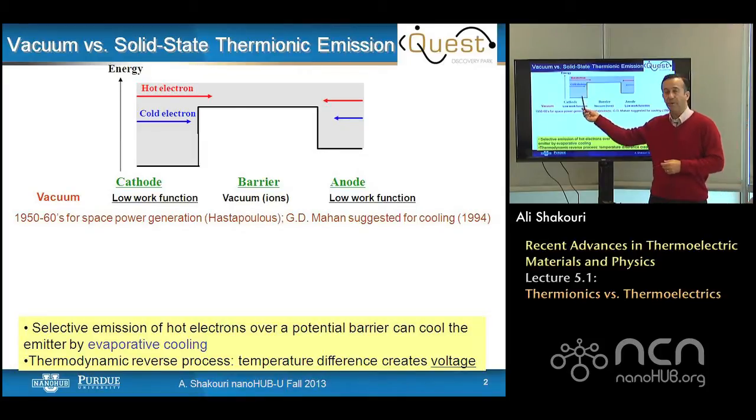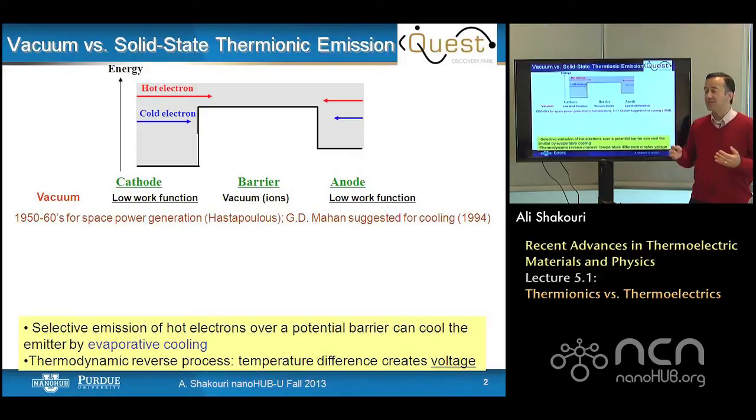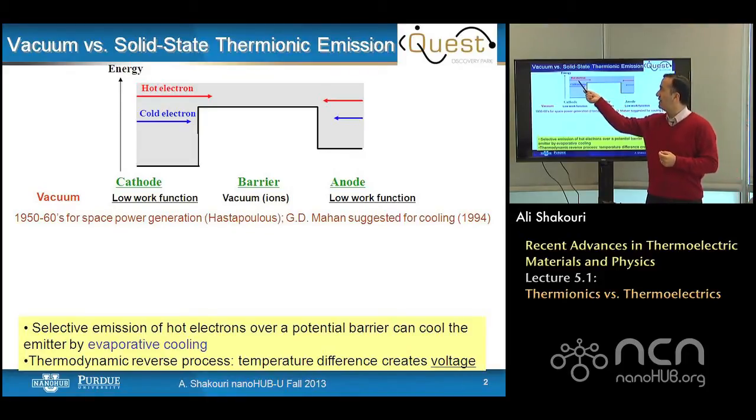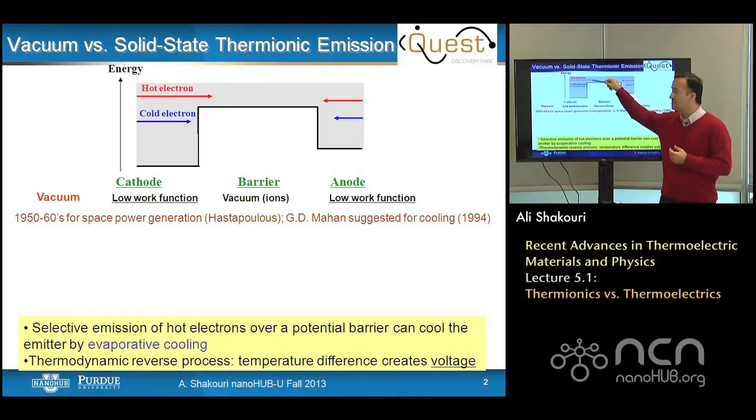Basically, if you have a hot cathode separated by a cold anode, vacuum is an energy filter. Basically, the hot electrons from the cathode could be emitted and go to the anode, but the cold ones are blocked. And whenever you have some sort of energy selection, you can do work.